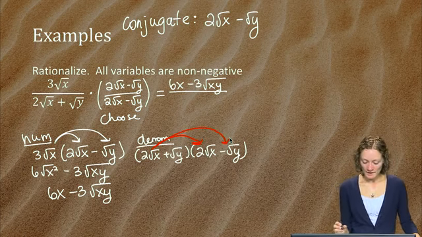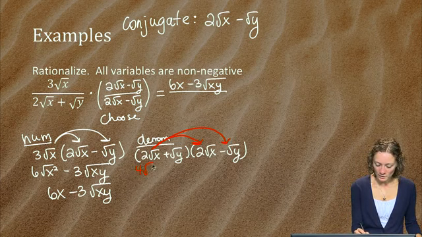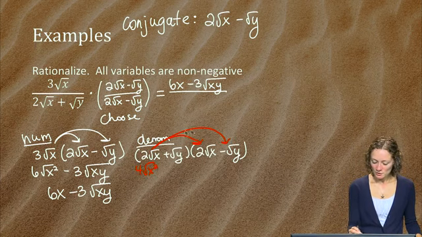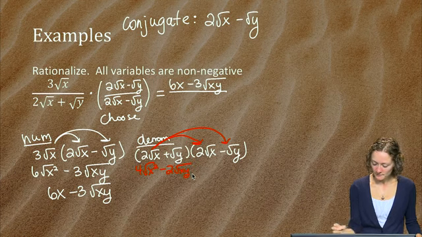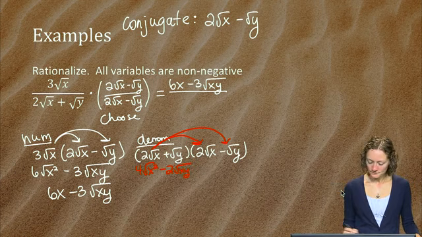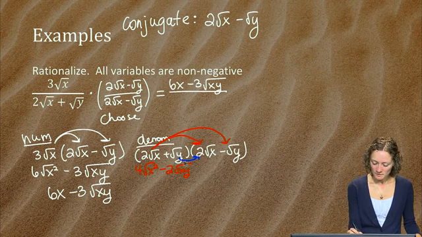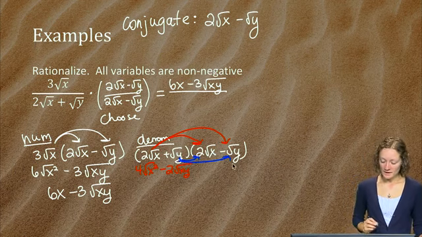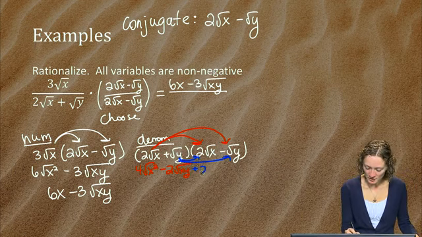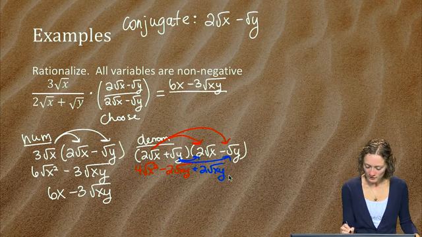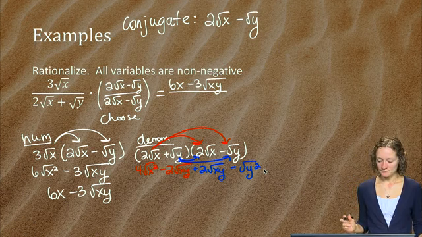So the 2 root x times 2 root x, 4 square root of x squared, 2 root x times negative y is minus 2 square root of xy. Then the radical y gets distributed, becomes plus 2 square root of xy minus square root of y squared.